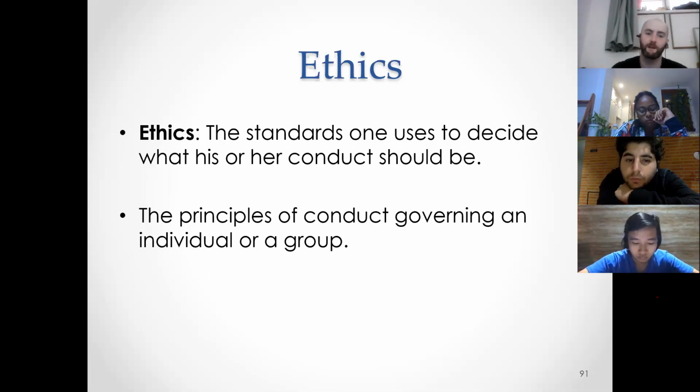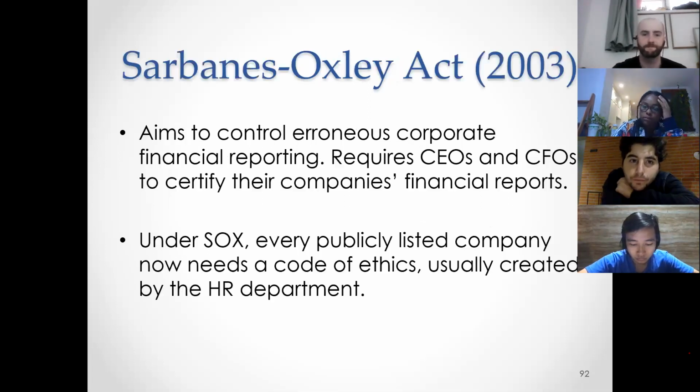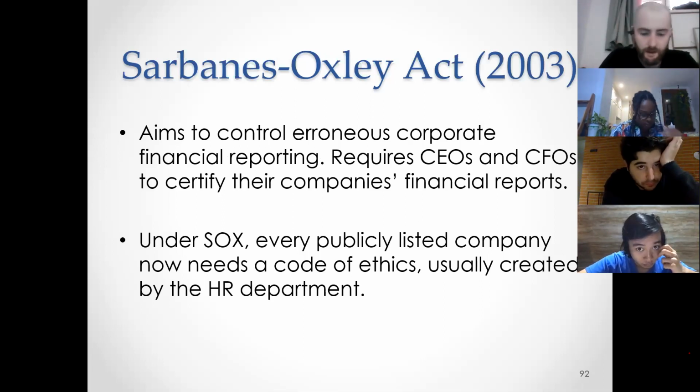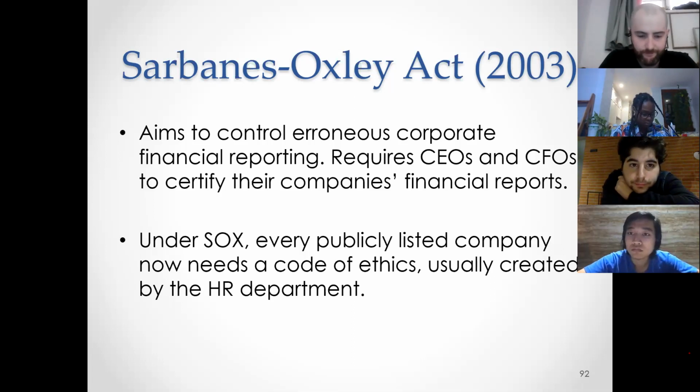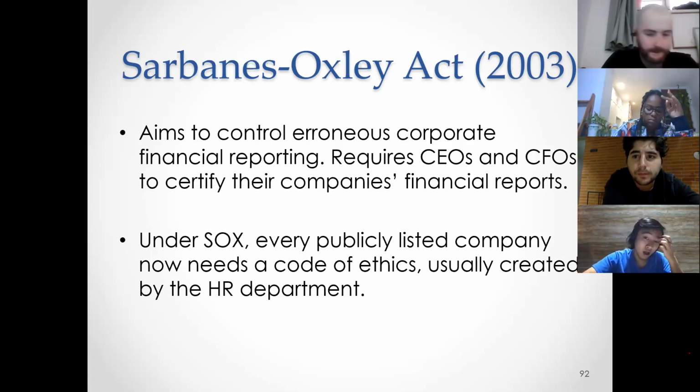So in HR, sometimes we need to be the arbiters, the deciders of what ethical conduct is. Now, we are helped along by certain government regulations. You don't need to know this, you don't have to write this down. But the Sarbanes-Oxley Act, they call it SOX, changes the reporting requirements. This was created after things like Enron.